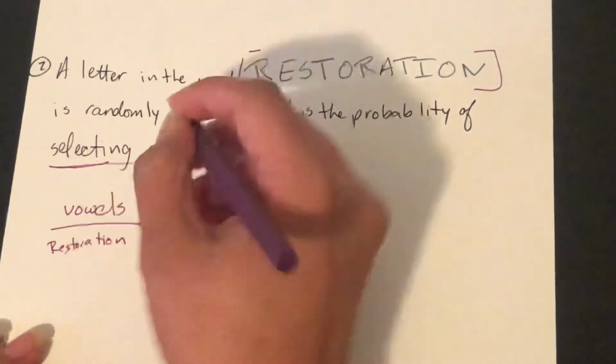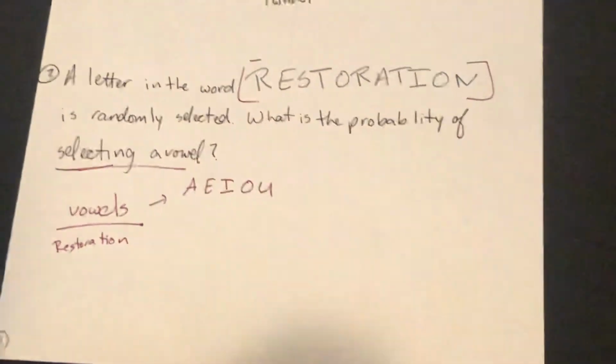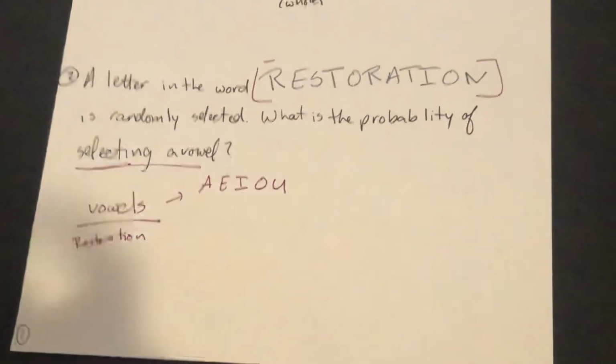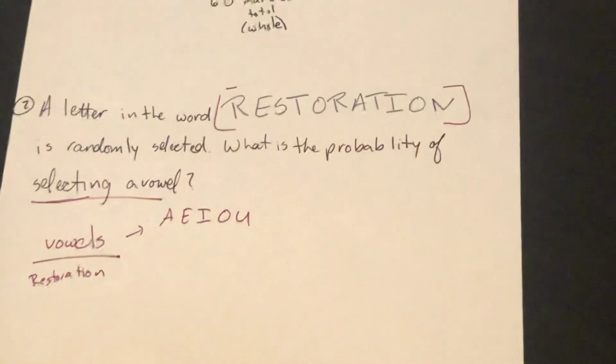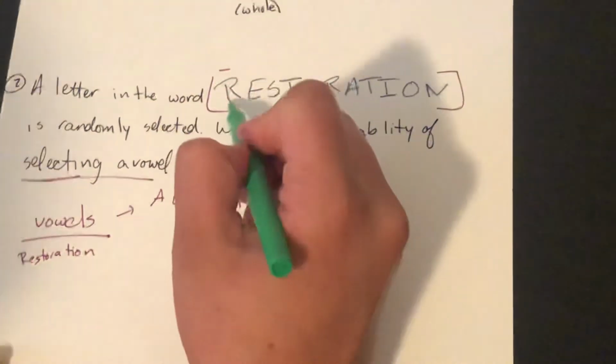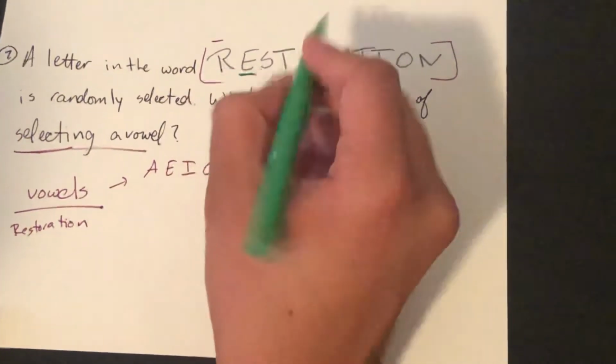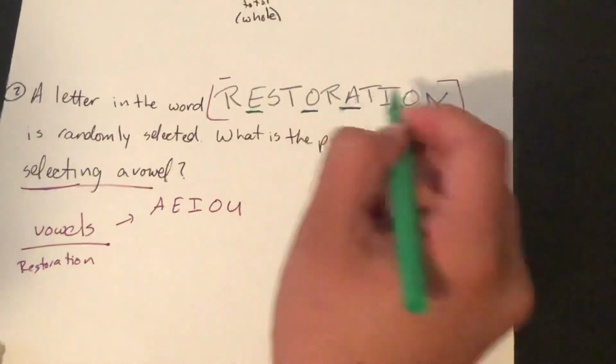My vowels are A, E, I, O, and U. So all I'm going to do is go through here and find any A's, any E's, any I's, any O's, or any U's. So R is not a vowel. E, vowel. S, no. T, no. O, yes. A, yes.